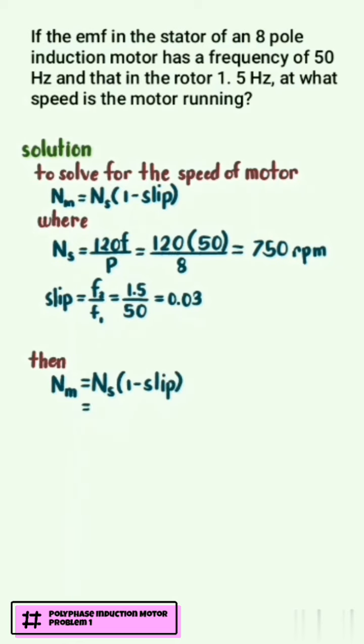So substituting all the acquired values, we have 750 times 1 minus 0.03, that would be equal to 727.5 RPM. So that's the answer for the speed of the motor.